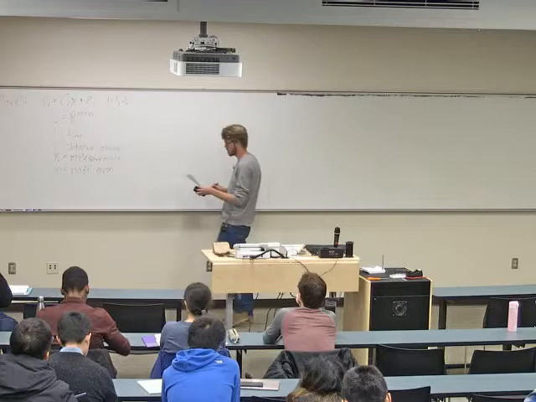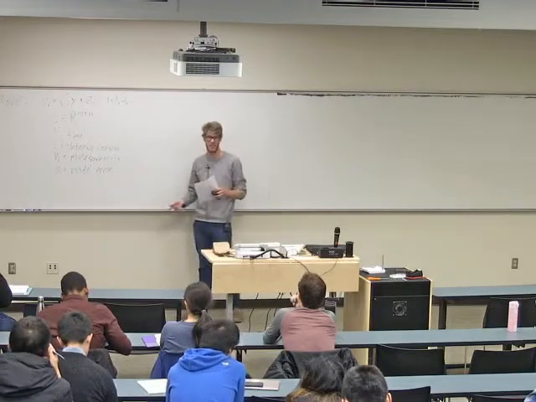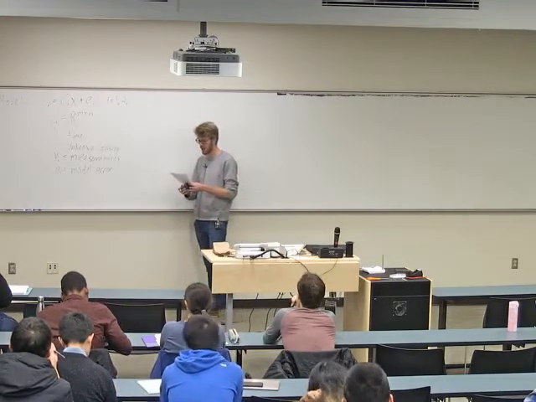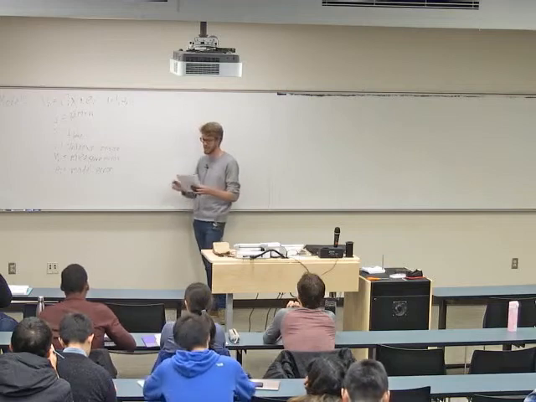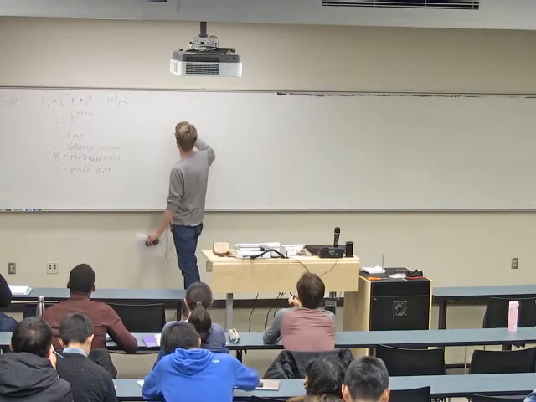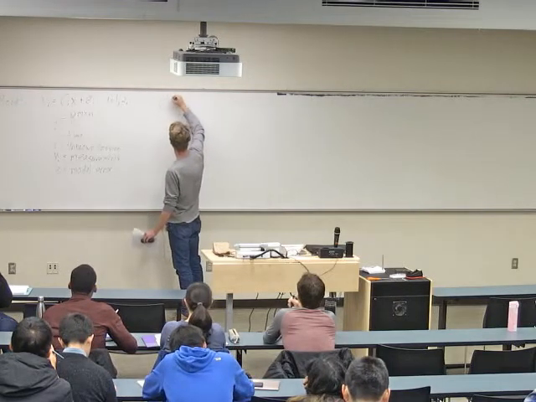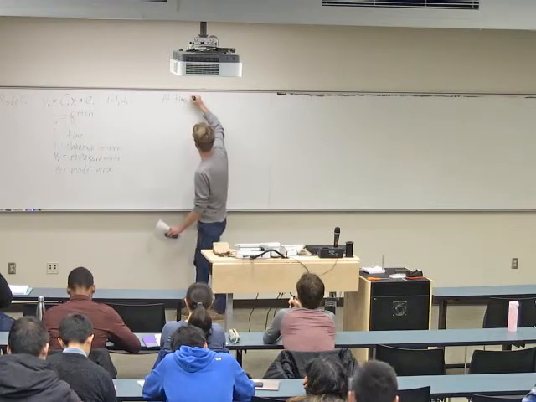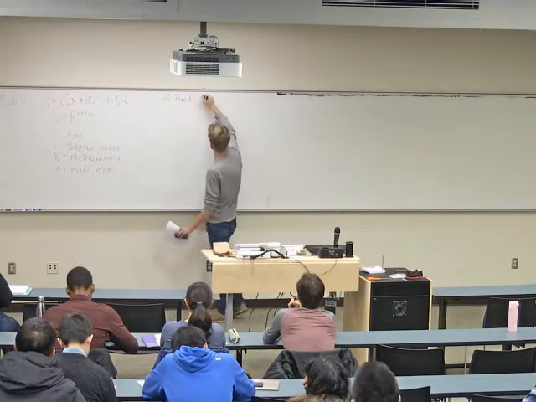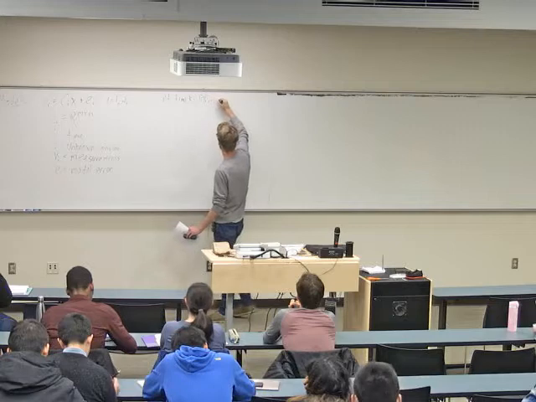So our goal is to compute a least squares estimate of x at a given time k using all available data at that time k. So let's say at time k, we have y1 all the way up to yk.